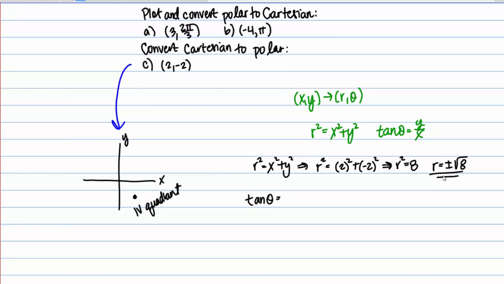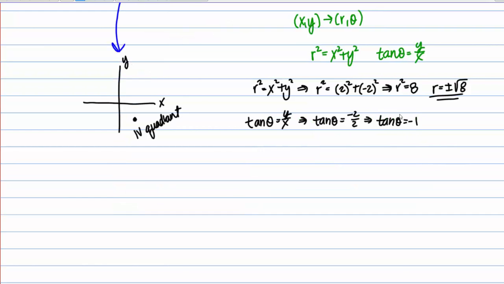So tangent of theta equals y over x. So I know then that tangent of theta is -2 over 2, or that tangent of theta is -1. So we need to ask ourselves, what are the theta values where the tangent is -1? Well, if you recall, the tangent is the sine over the cosine.